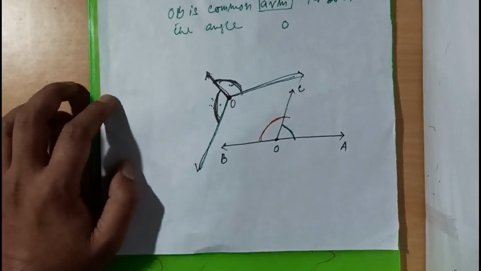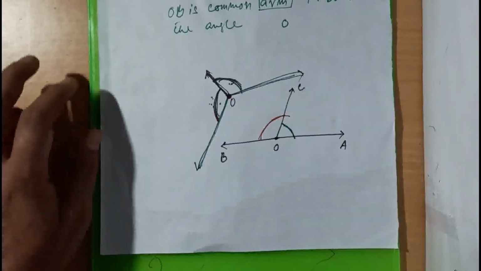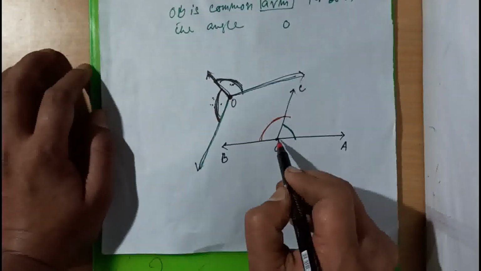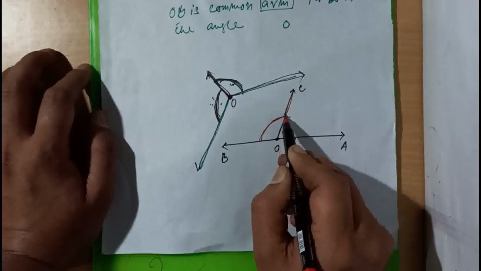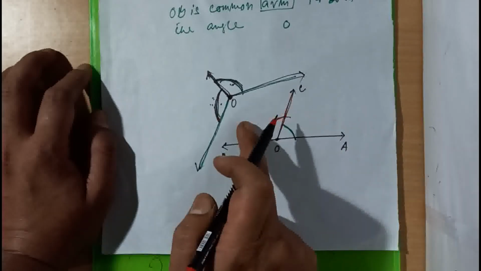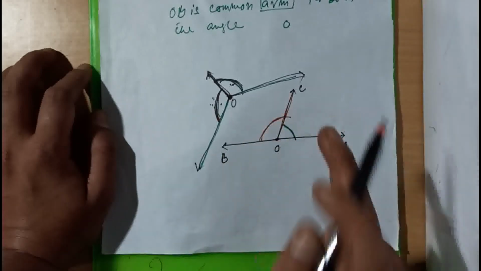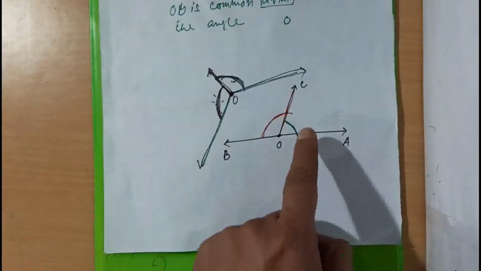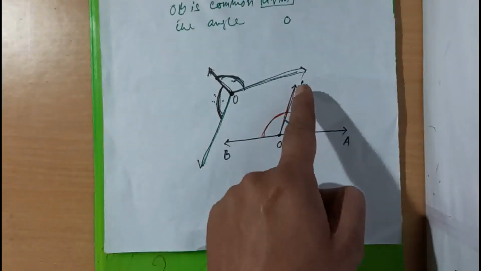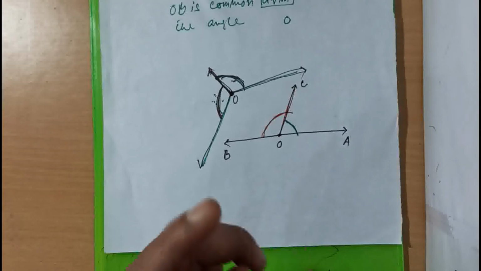Are they adjacent? Yes, they are obviously adjacent, because this particular arm is shared by this angle and this angle as well. So both the angles have a shared common arm, that is OC.